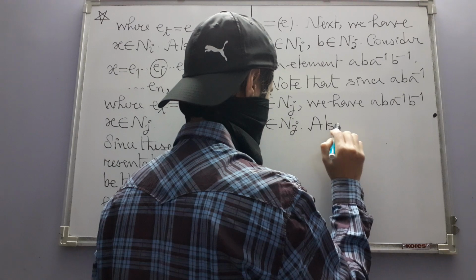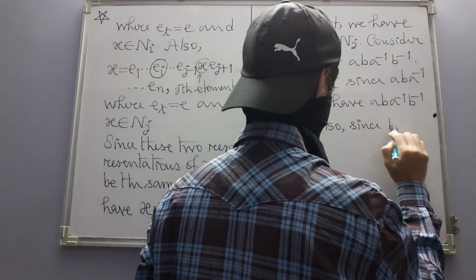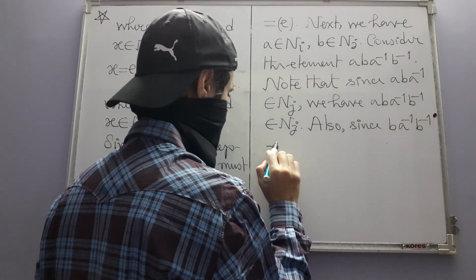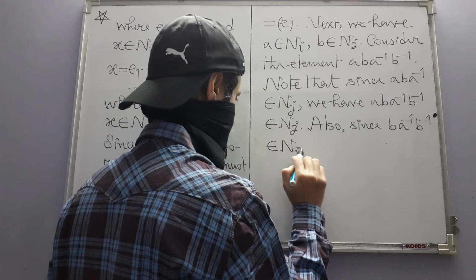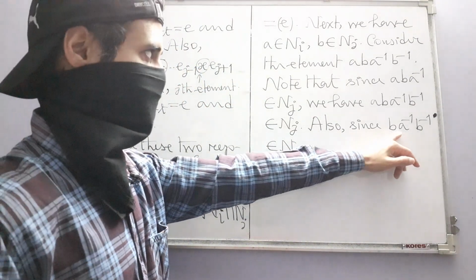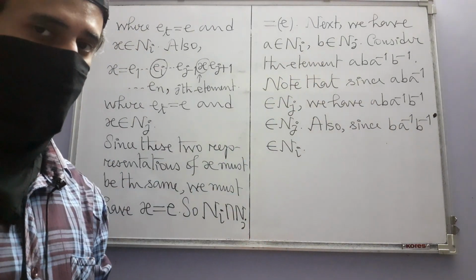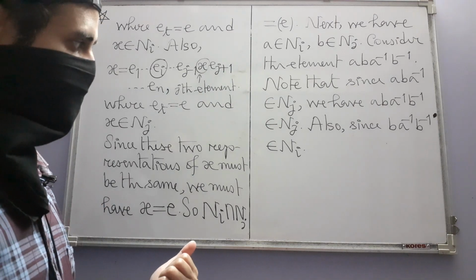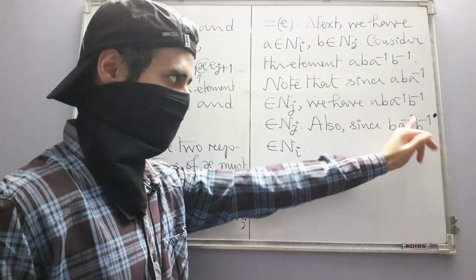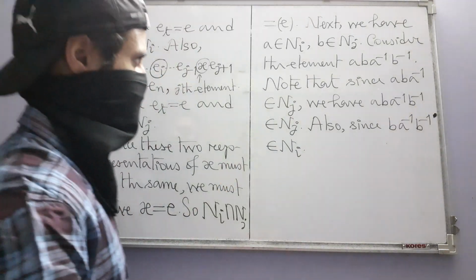Also, since b a inverse b inverse belongs to Ni because of a similar reason, and the reason is that a belongs to Ni, so a inverse needs to belong to Ni because Ni is a subgroup, but it's a normal subgroup also, and that is why this conjugate of a inverse, b a inverse b inverse, also belongs to Ni.